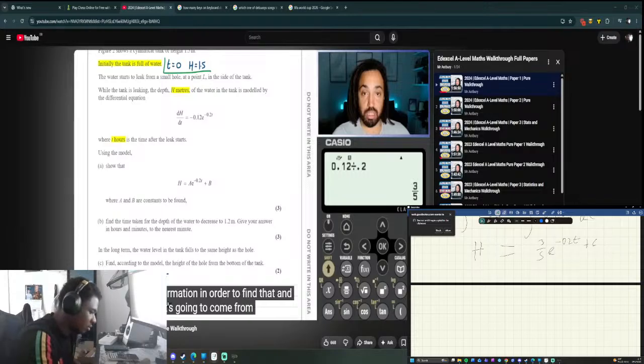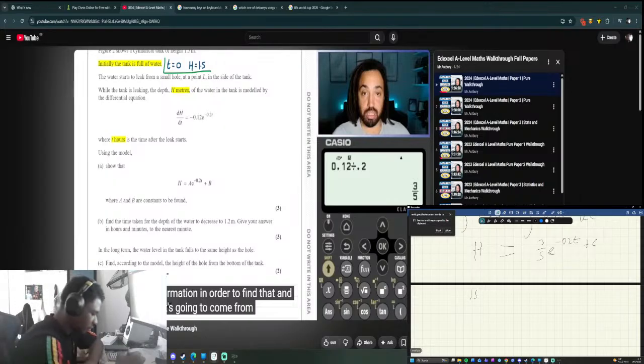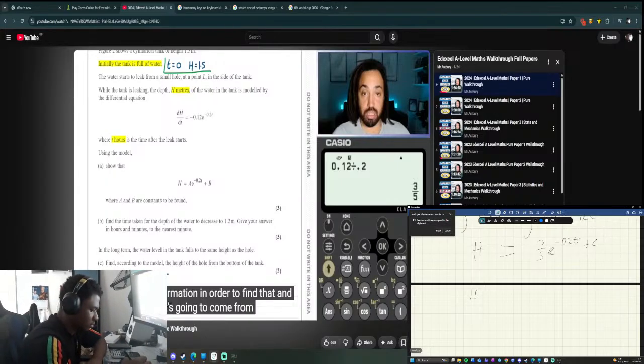Okay. I'm guessing that's the 15. Is it 150 or 15? 15. When t is 0, h equals 15. So 15 equals 3/5 e to the power of 0.